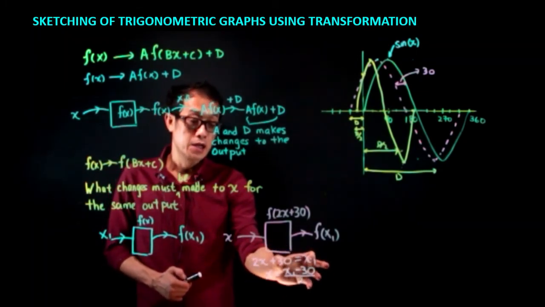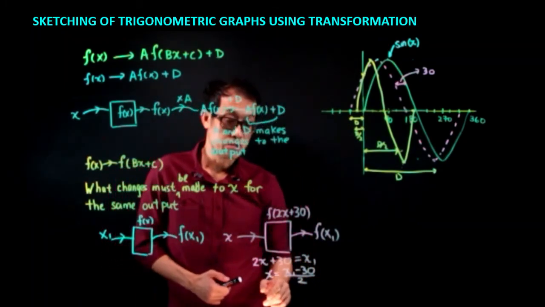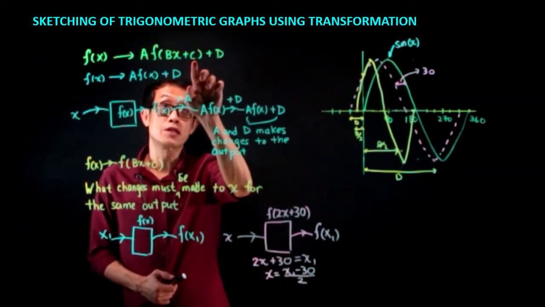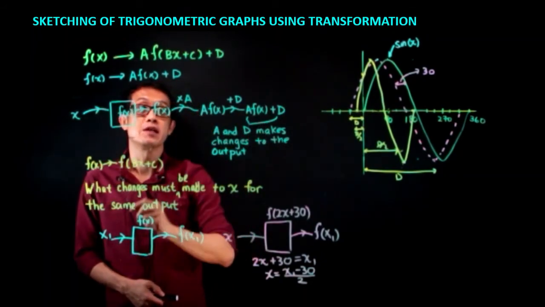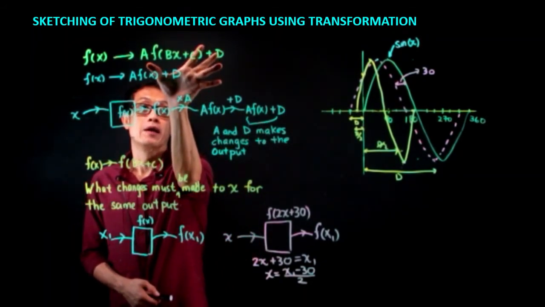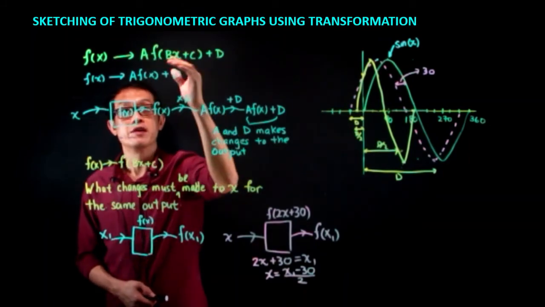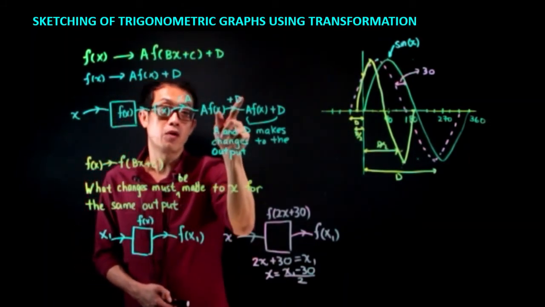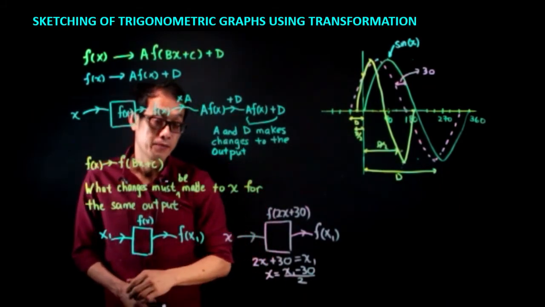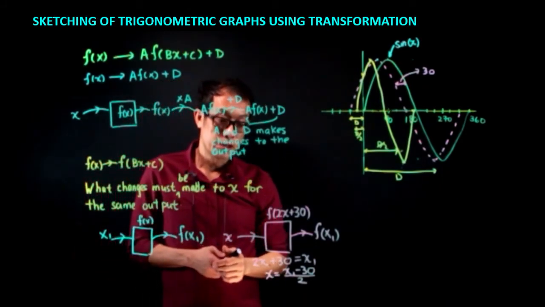So as long as the transformation of x is concerned, you do c before you do b. Whereas for transformation in y, the vertical transformation, we do a before we do d. So you have to follow the sequence.